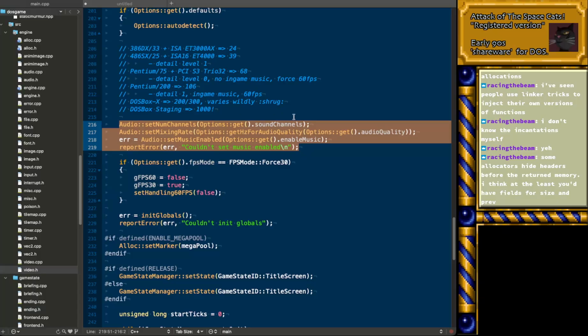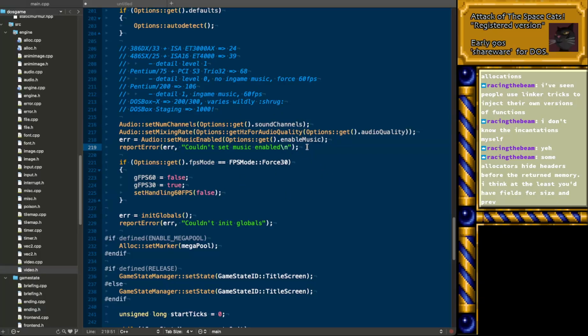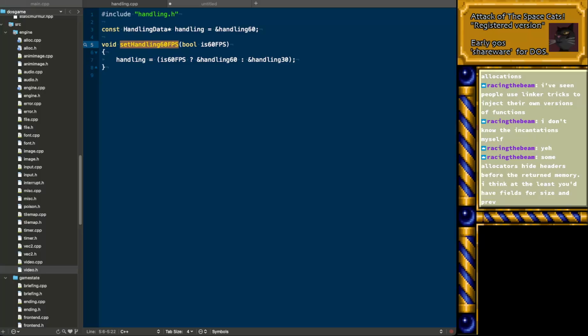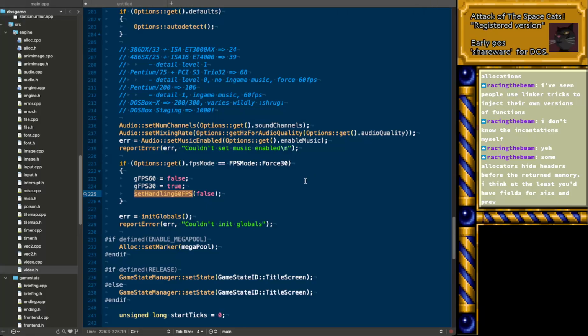So if MICMOD was doing anything with memory here, we'd know about it. I think that just sets a pointer. I feel compelled to check. I actually think it might not be needed anymore. Yeah, it just sets the pointer to one of those statically allocated structs, so that doesn't matter. And then we go into init levels.